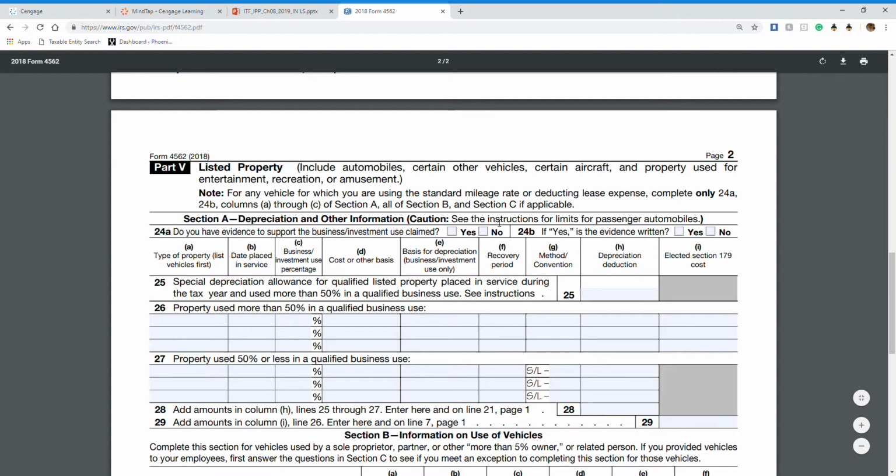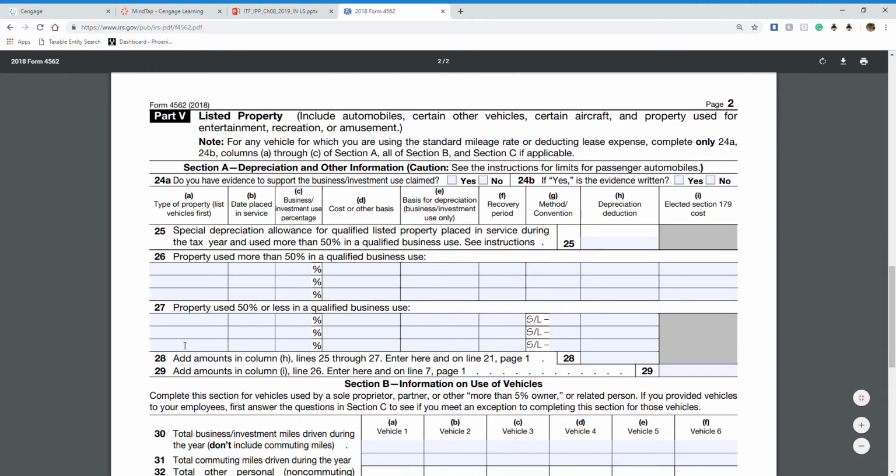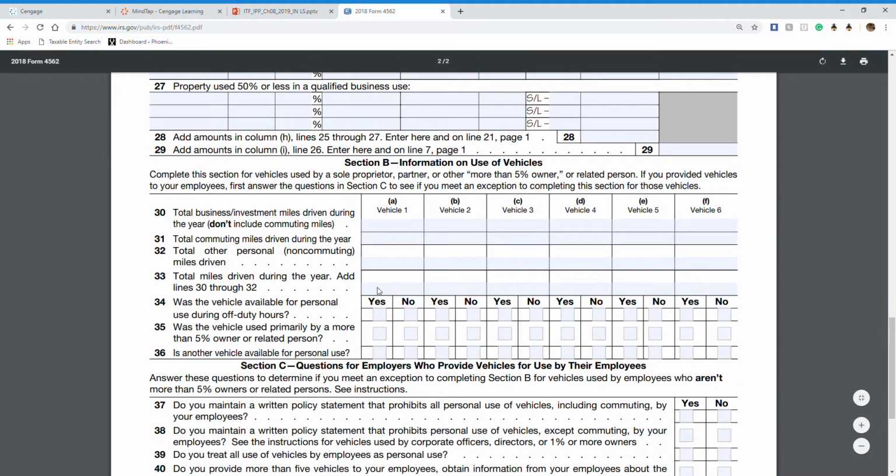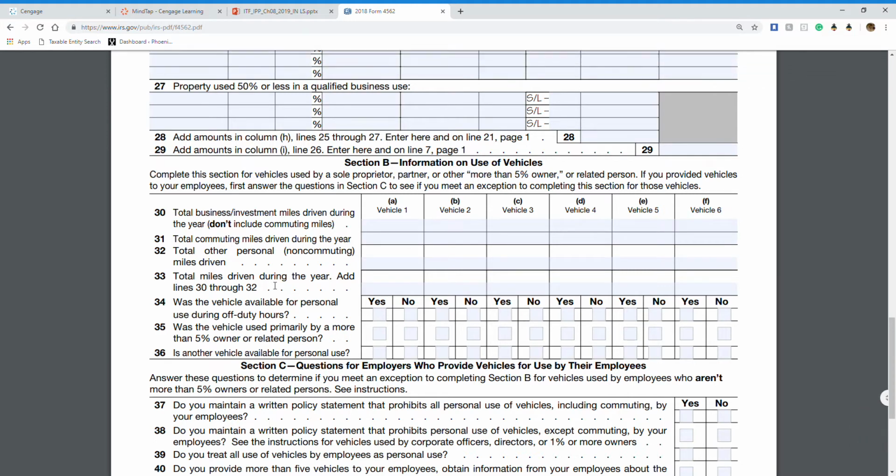Mostly your vehicles end up showing up right here if you're deciding to depreciate. They're going to try to figure out if it's mostly used for business or if it's mostly used for pleasure. And if it's for personal use, which includes commuting, then it will have certain limits.